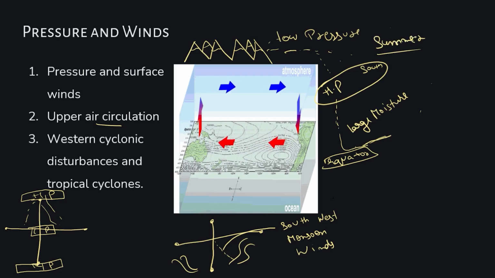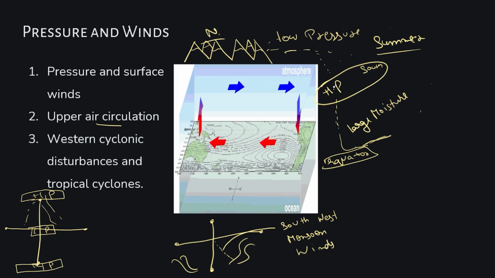In summer, the reverse pattern is that the winds coming from the northern Himalayan region are low pressure winds. These low pressure winds cannot move downwards because they are light, so they will obviously move upwards, not downwards.